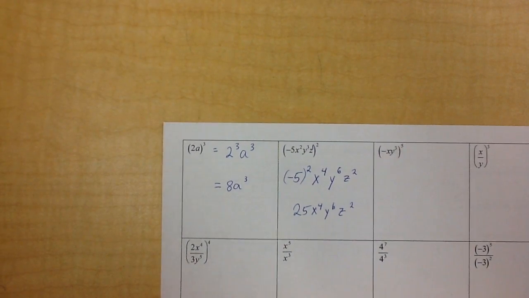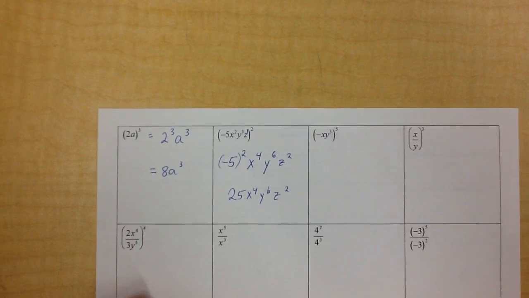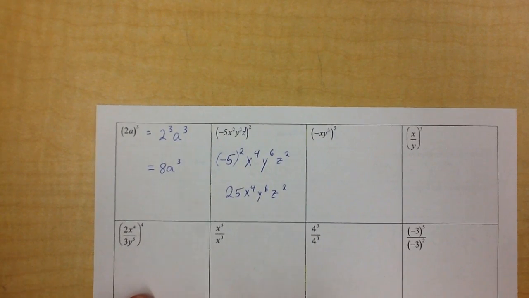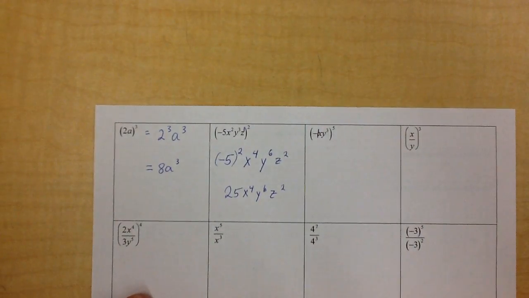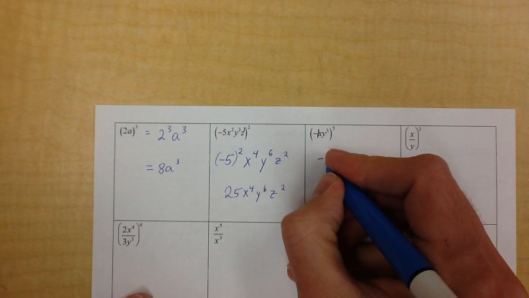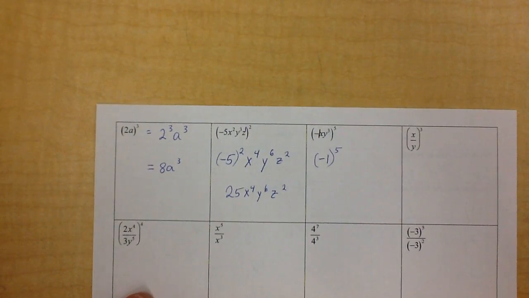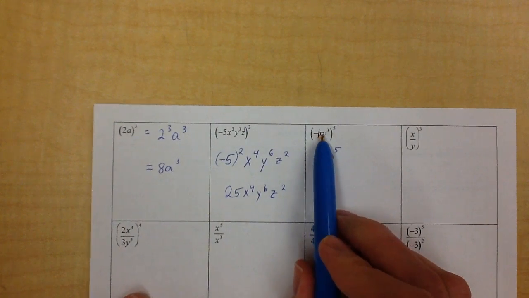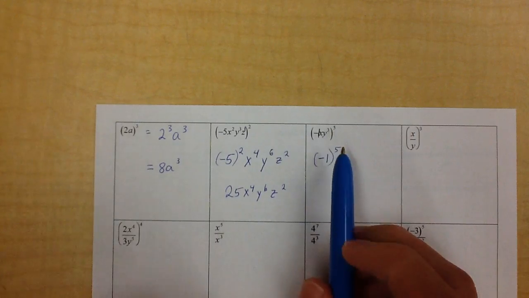There it is. Okay. For the next problem, I'm going to start by putting a negative 1 in the front right here. And that gives us negative 1 to the 5th power. Every single piece of that, every little multiplier in there gets that exponent.